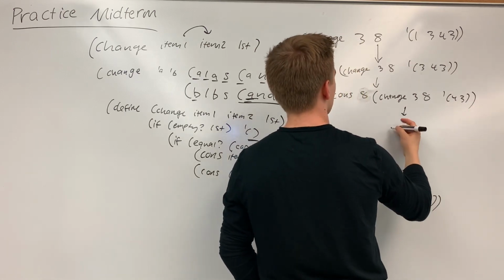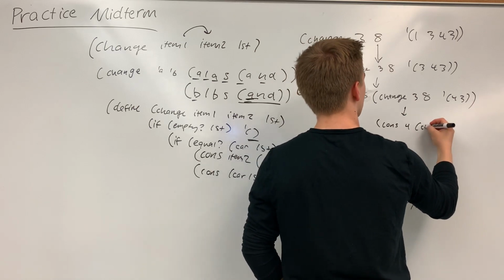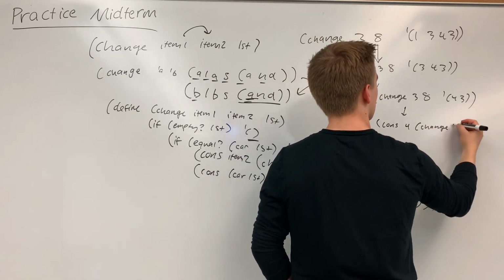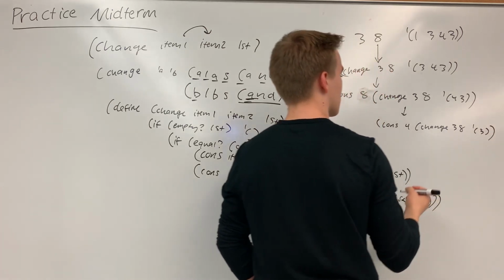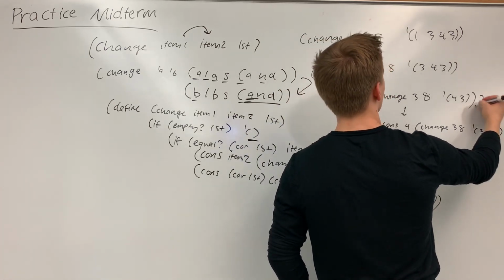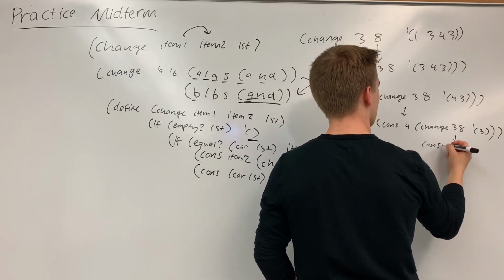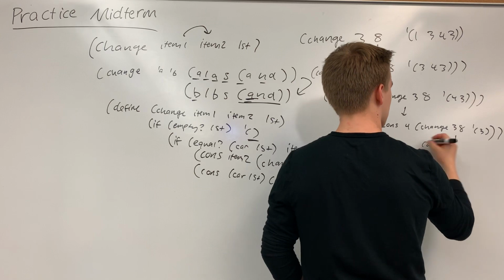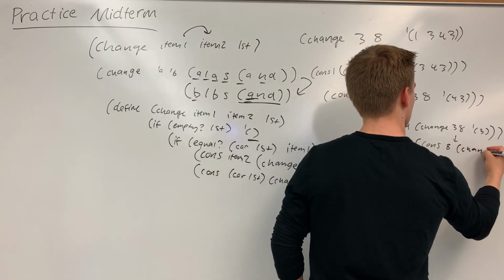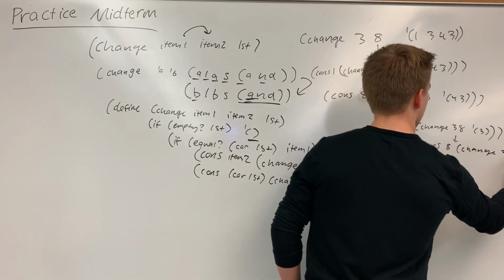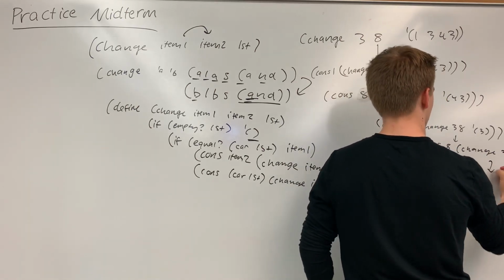This calls cons 4 onto change 3, 8, list 3. Oh, I'm missing some parentheses, aren't I? This guy calls cons 8 onto change 3, 8, empty list, which will just return the empty list.